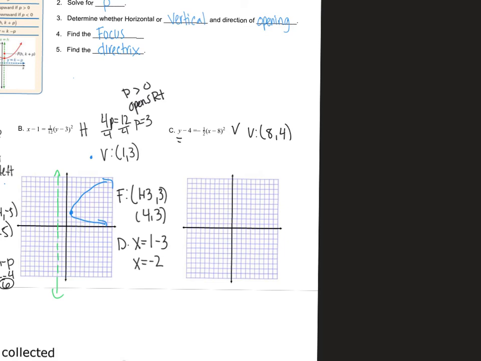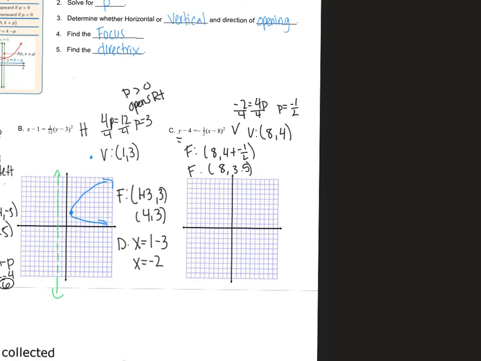All right, so my focus is h comma k plus p, so that's going to be 8 comma 4 plus, let's go ahead and find p. So -2 equals 4p. We divide by 4. P equals -1/2. So I have 8 comma 3.5 for my focus.